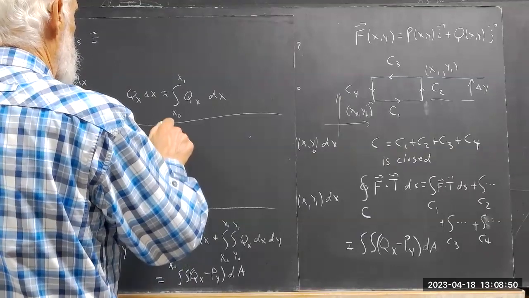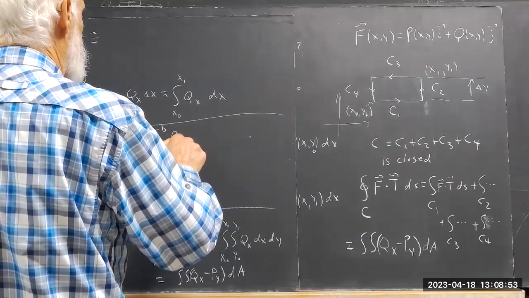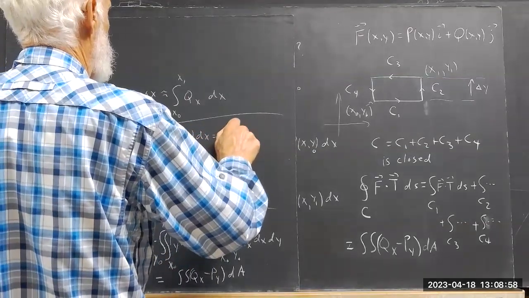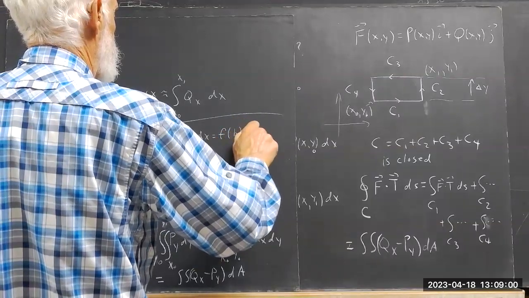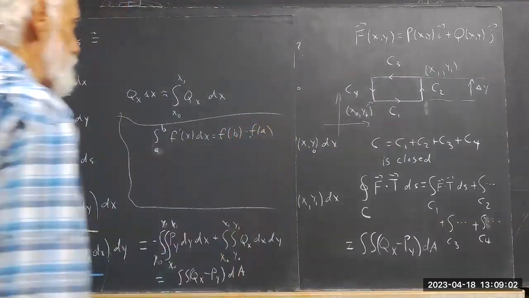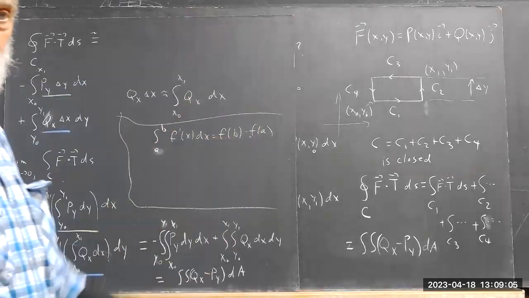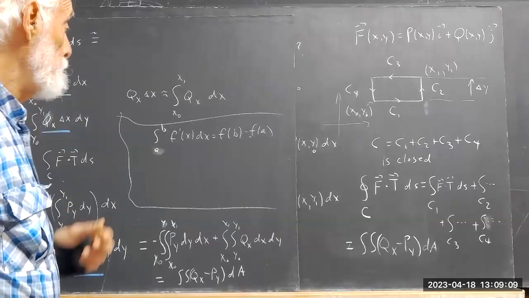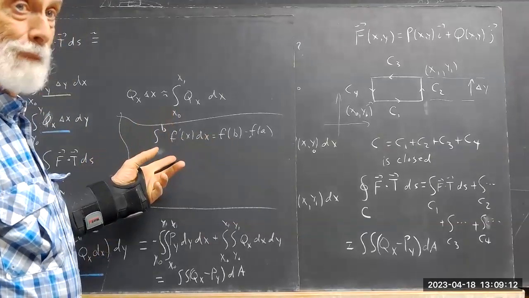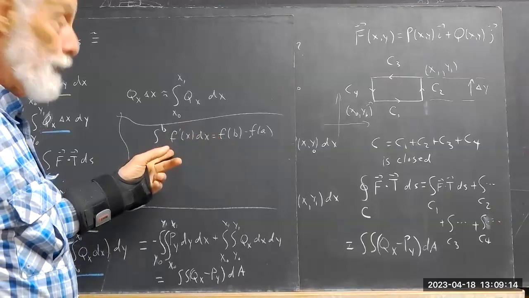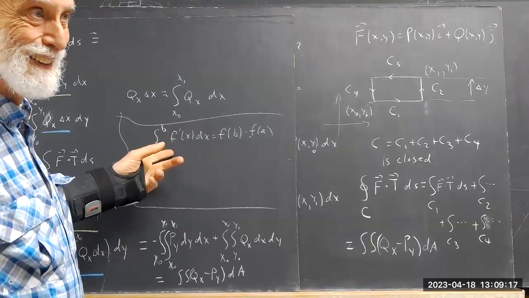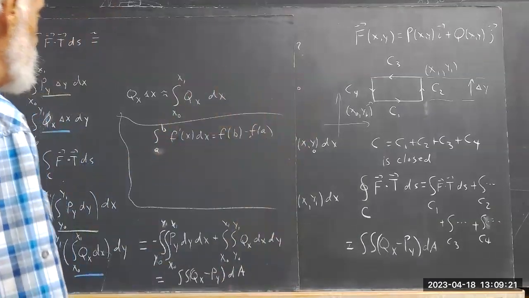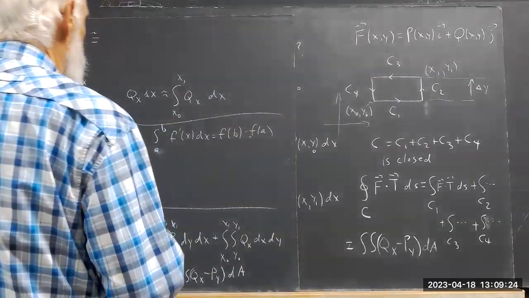We'll do the integral from A to B. Yes, I'll write it this way instead of little s and big S, so we don't confuse the big S. That makes sense, doesn't it? Because F is the antiderivative of its derivative. You just do the antiderivative. That's your familiar process for the single variable derivative.